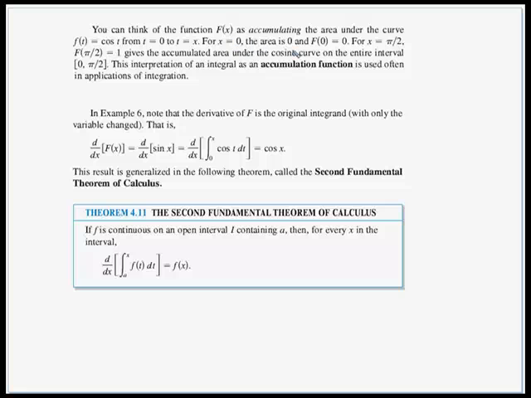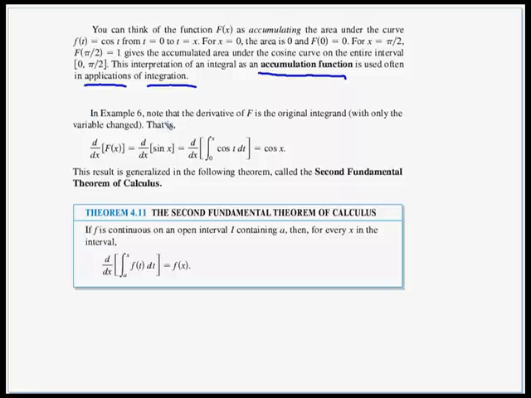For x is 0, the area is 0. For x equals a half pi, the area is 1. This gives the accumulated area under the curve, the cosine curve, on the entire interval from 0 to a half pi. This interpretation of an integral as an accumulation function is often used in applications of integration.